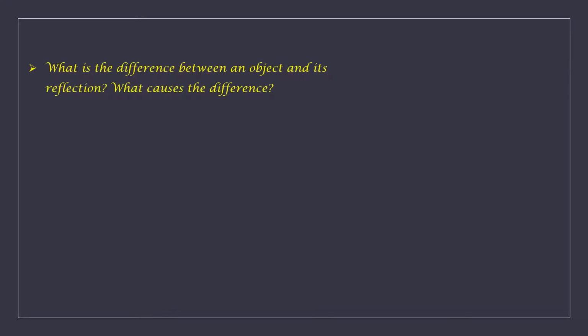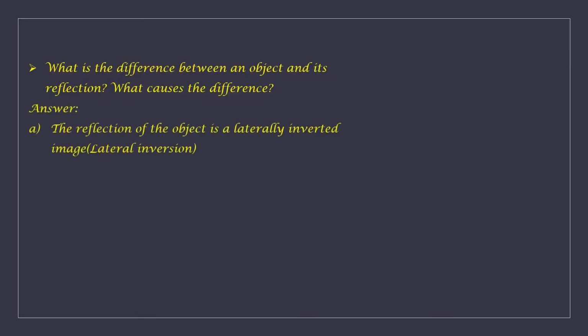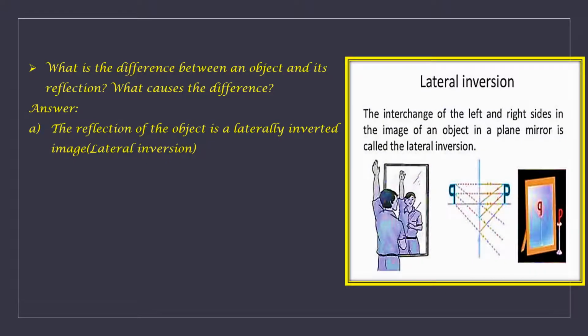Now, what is the difference between an object and its reflection, and what causes the difference? Yes, the reflection of the object is a laterally inverted image, that is lateral inversion. Now, what is lateral inversion? The interchange of the left and right sides in the image of an object in a plane mirror is called the lateral inversion.